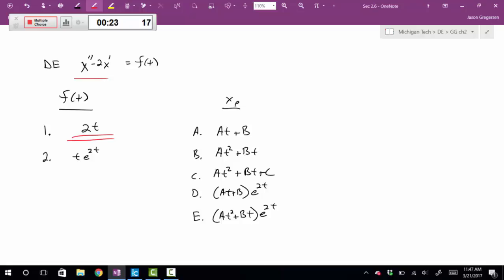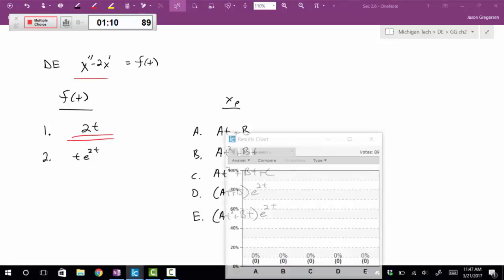What are you going to use for xp? What do we have for xp here?